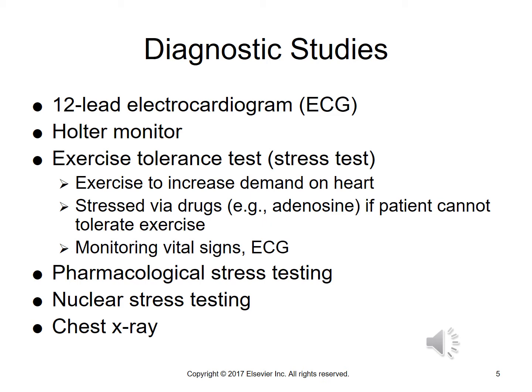Exercise tolerance test or stress test. This is a non-invasive test in which the patient is connected to an EKG machine while exercising to identify if there are any ischemic events that occur. Then you have the pharmacological stress testing. If a patient is unable to perform physical activity, then pharmacological stress tests can be done.